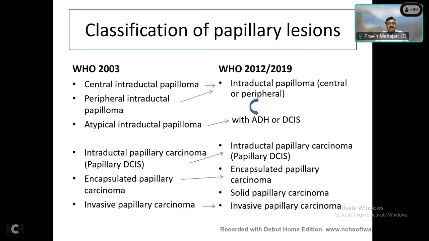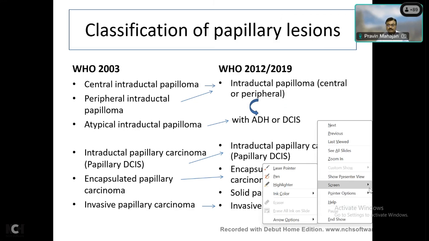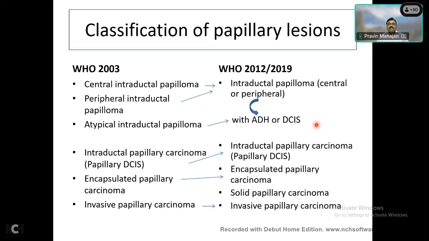There was a term in the old classification, atypical intraductal papilloma. Now we don't call it an atypical intraductal papilloma, but we say that it is a papilloma which is showing either atypical ductal hyperplasia or ductal carcinoma in situ.